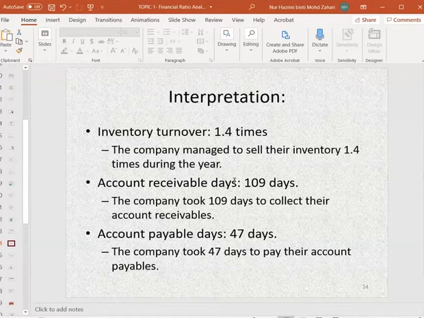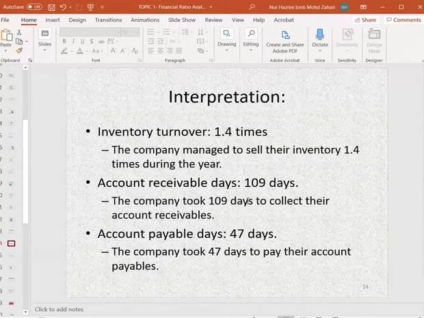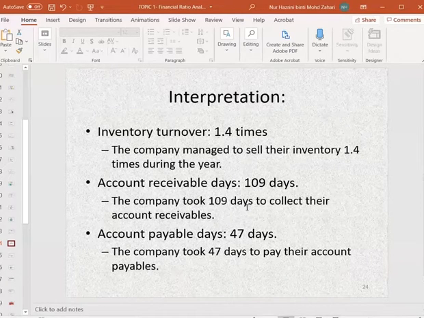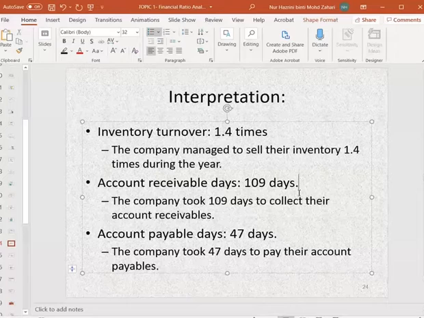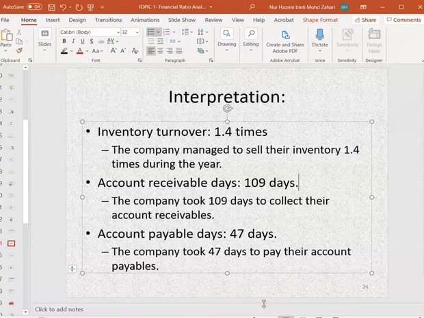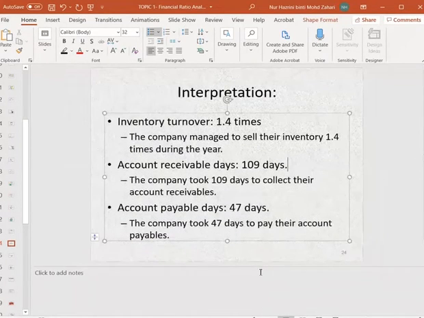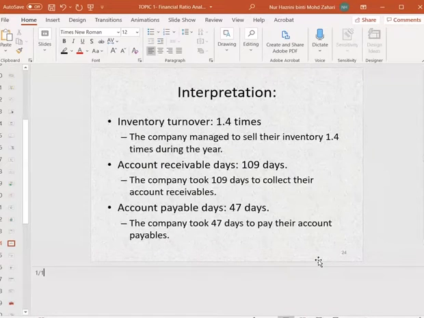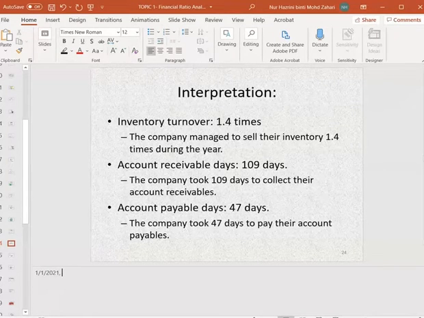Okay, so next one, account receivable days. 109 days. It means the company took 109 days to collect their account receivable. So 109 days means from the day you sell the goods on credit. Let's say you sold the goods on 1st January 2021 on credit to your customer.